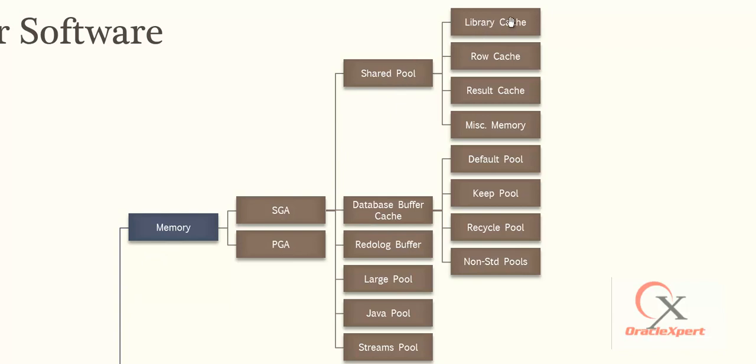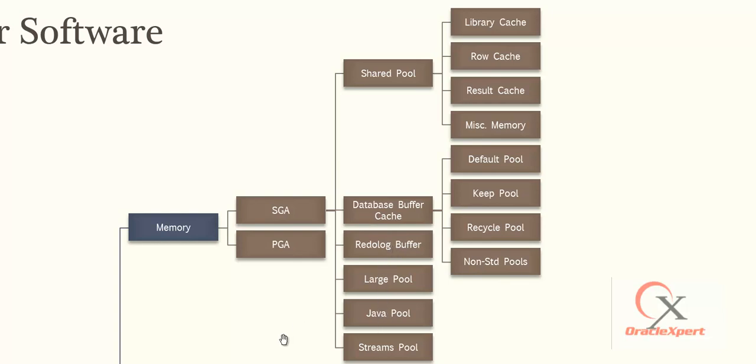Let me zoom on to this area. Within shared pool, which is a component of your SGA, and this SGA in turn is a component of your memory, and this memory is part of your Oracle database instance. So within shared pool, you have library cache, row cache also known as data dictionary cache, the result cache of the server, and miscellaneous other memory allocations for various different control structures such as enqueues and latches.